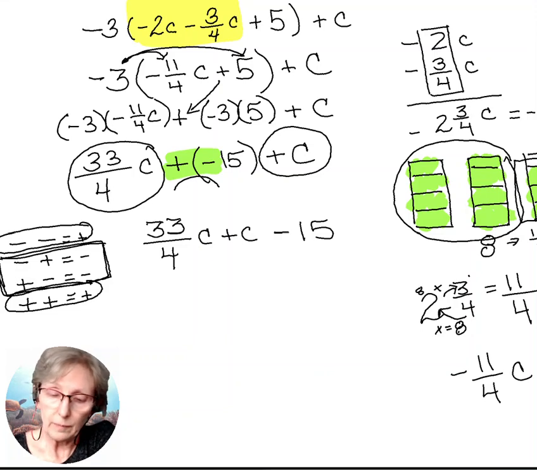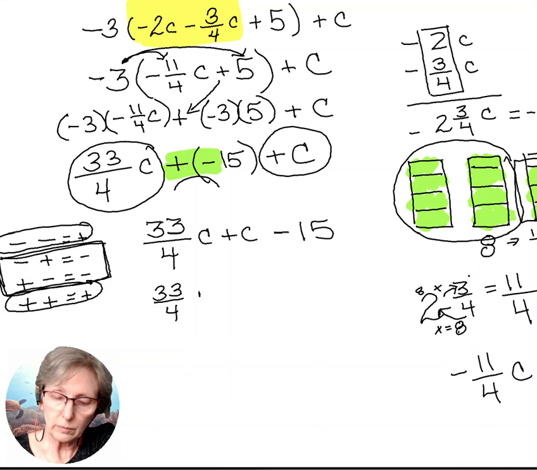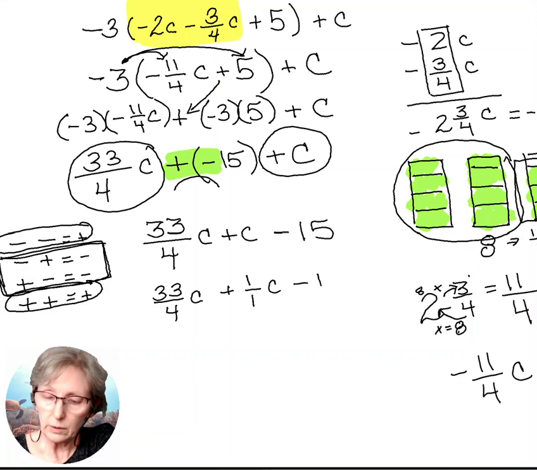Okay. Well, right now I have a gigantic fraction and a whole number. So the whole number needs to turn into a fraction. The obvious fraction right now is 1 over 1.